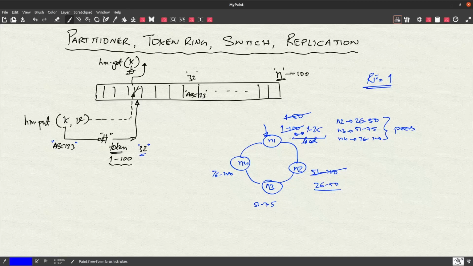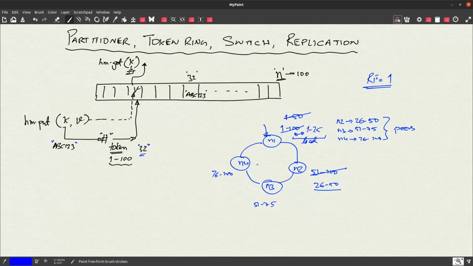If this is the case with N1, you can similarly visualize what the information is going to be in N2, N3 and N4. Now you tell me, can an application not contact any node and say, hey, here's the data? So what the node has to do? It has to apply the hashing algorithm, figure out the token.